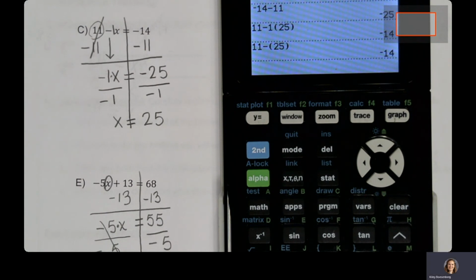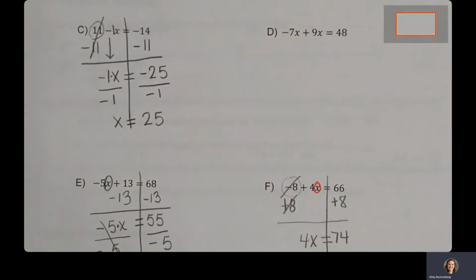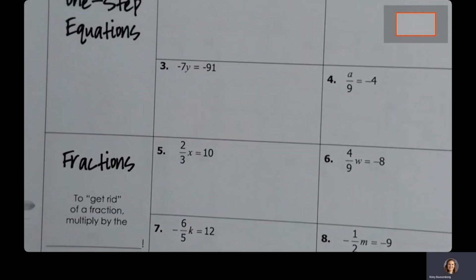Okay, we're going to work just on those problems today. We'll save this one. This problem leads into actually what we're doing next. So we're going to leave that set of problems for later. What you should have is that worksheet from yesterday that has the one-step equations on it.